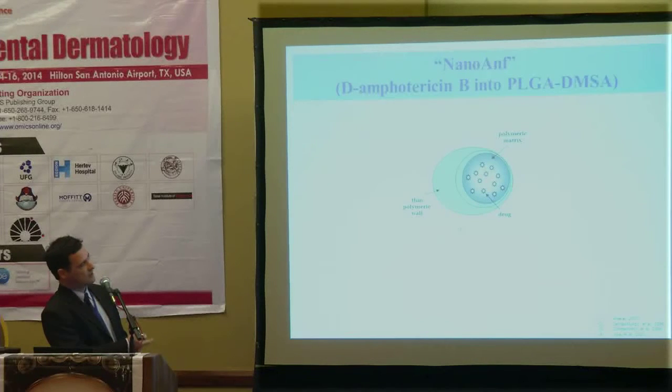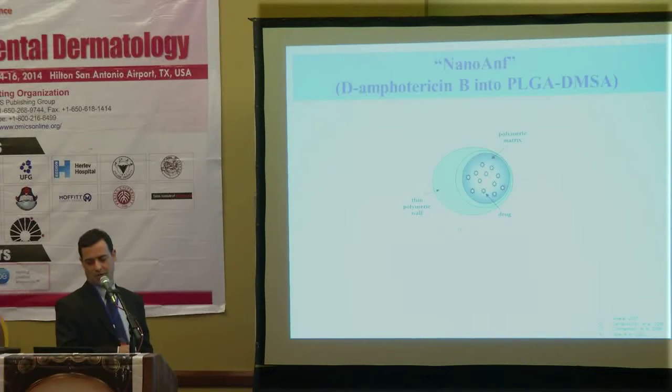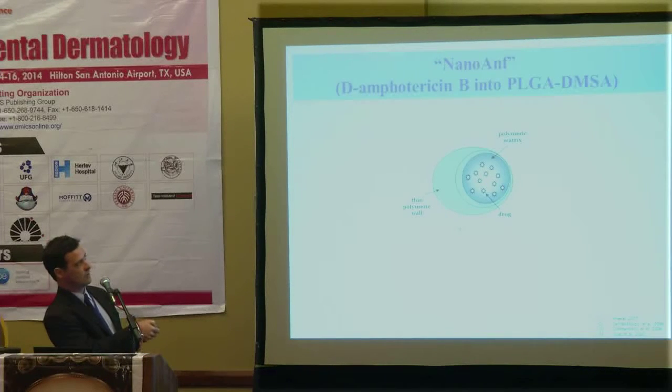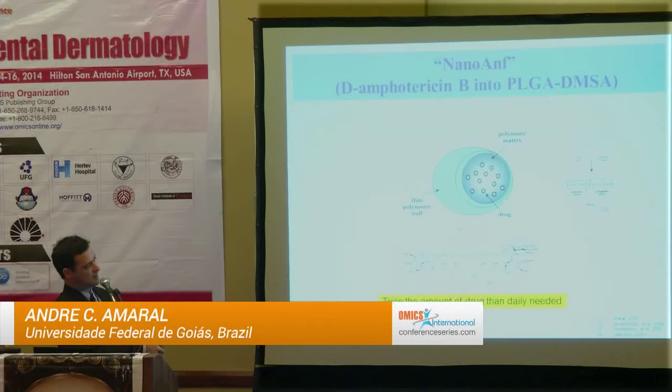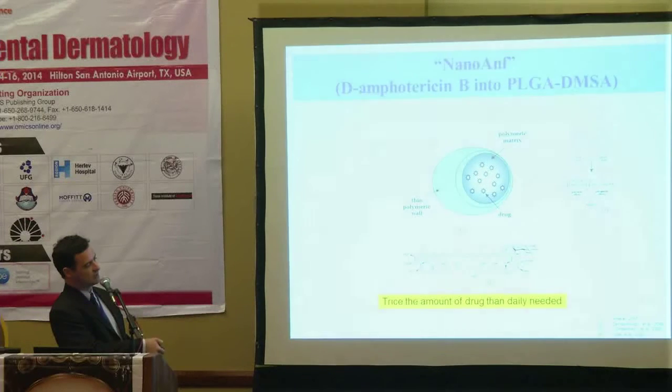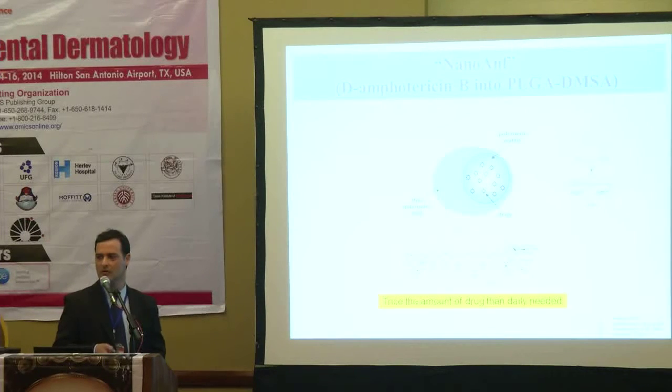So the first example I'm going to show is Nano-AMB, a nanoparticle containing amphotericin B. This is a schema of our nanoparticle that is prepared with polylactic-co-glycolic acid, PLGA, to prepare a polymeric blend that contains the drug amphotericin B. In this preparation, we put twice the amount of the drug needed to treat the fungal infection in our experimental model.